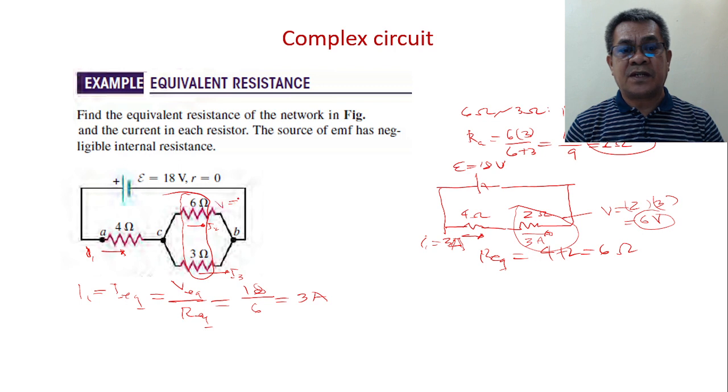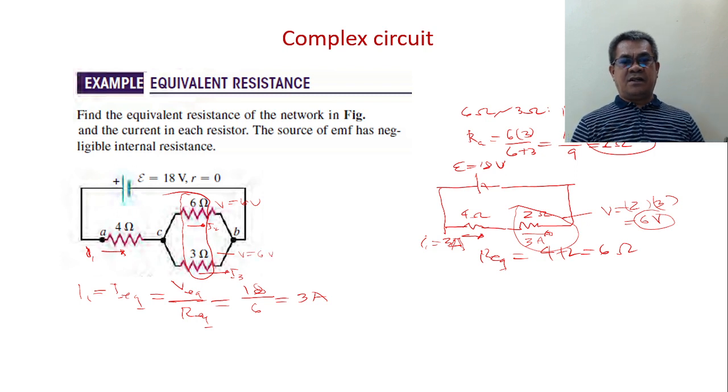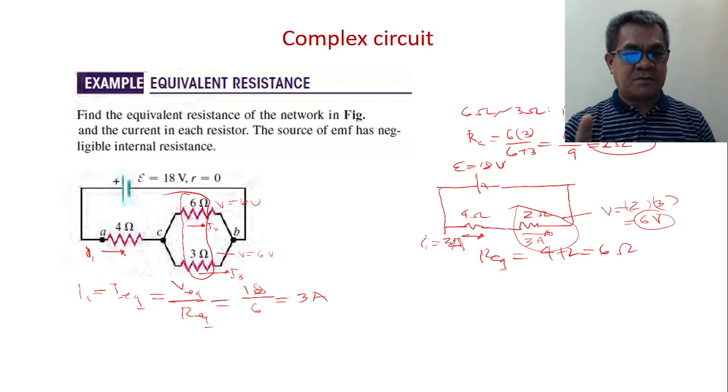Why? Because they are connected in parallel. And the 3 ohms should also have 6 volts, because they are in parallel.